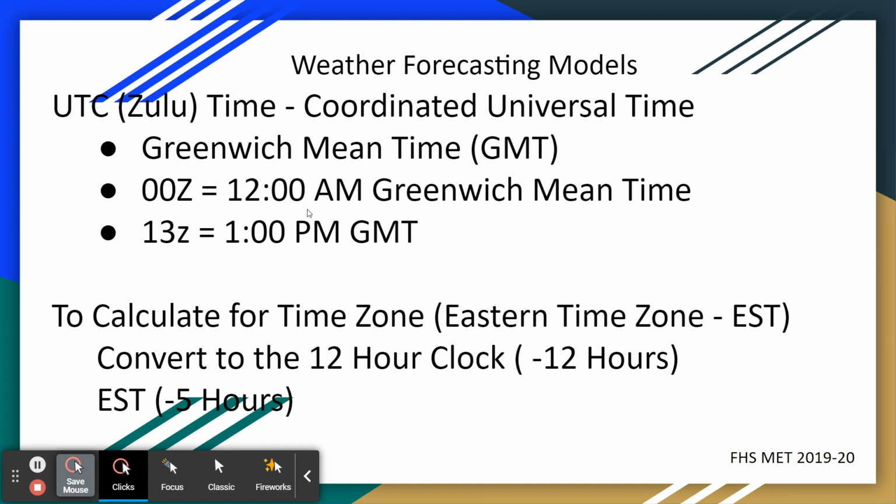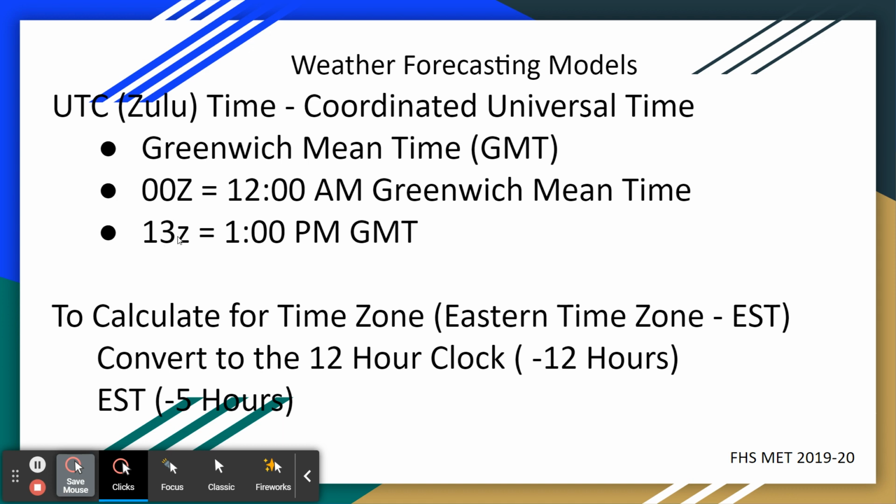So 00Z, which is 12 a.m. at the prime meridian, we would subtract 5 hours from that to get to Eastern Standard Time. So midnight, and then if you subtract 5 hours from it, it would be 11 p.m., 10 p.m., 9 p.m., 8 p.m., 7 p.m. So 00Z at the prime meridian is 7 p.m. Eastern Standard Time.